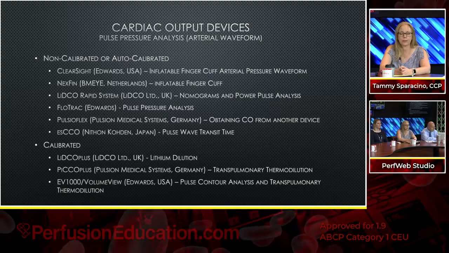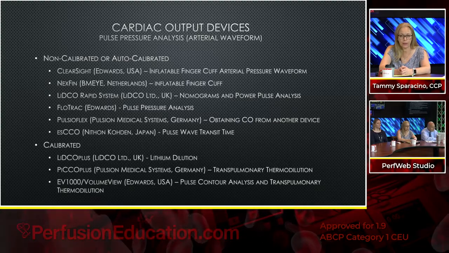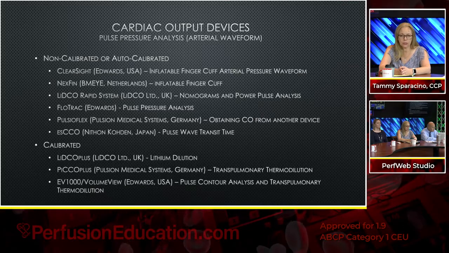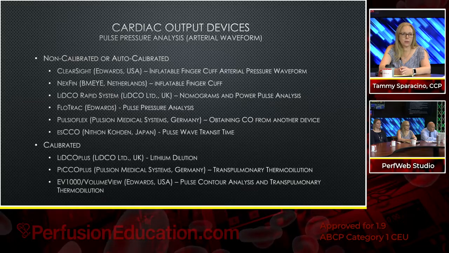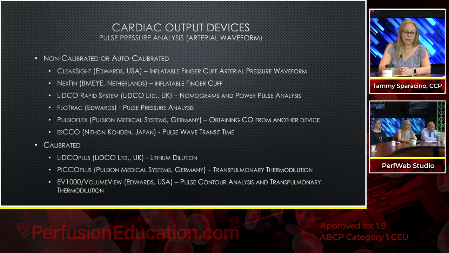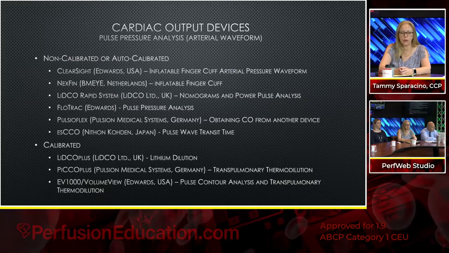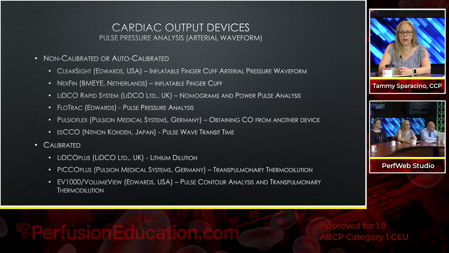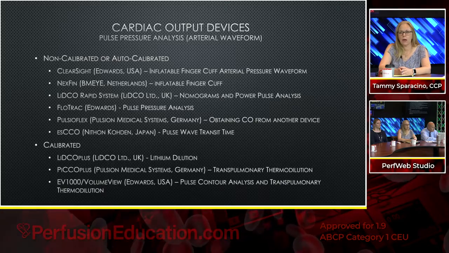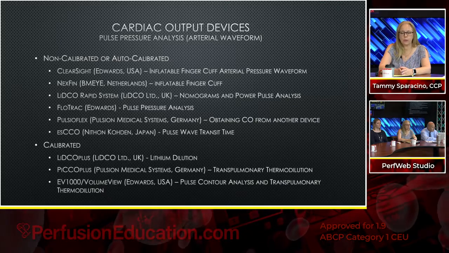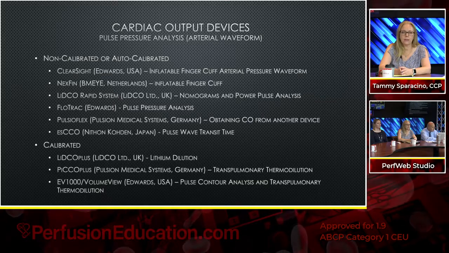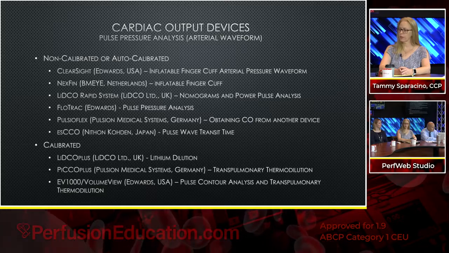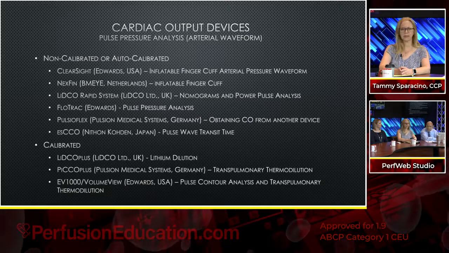Then you have the more sophisticated ones that are calibrated, and you've got LiDCO Plus, and they use lithium dilution. That's similar to thermal dilution, but instead of using saline, they're using lithium to measure how quickly that is getting dispersed. Then you've got, I guess it's PiCCO Plus, and they use transpulmonary thermal dilution. And then this is the new one from Edwards, because their old one, Vigileo, that's no more.